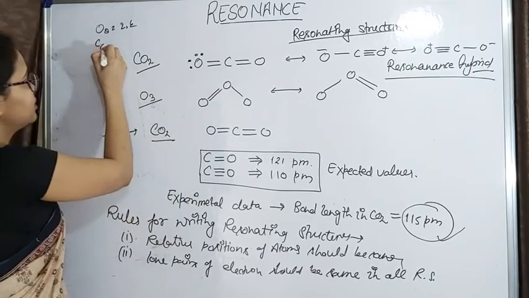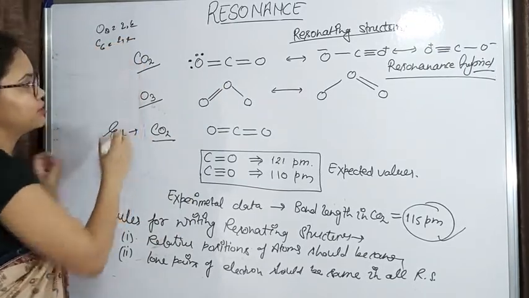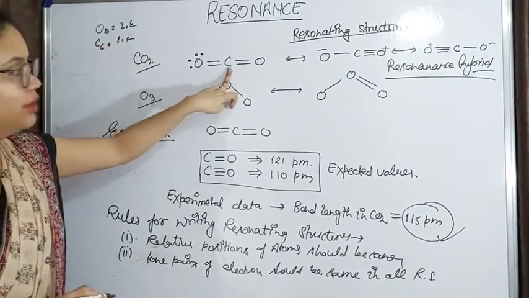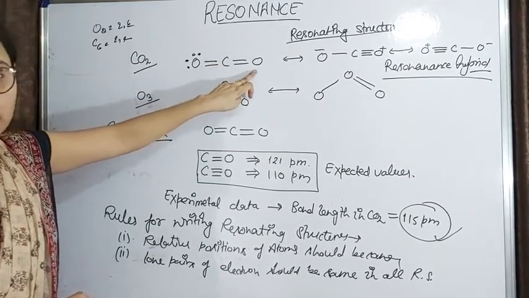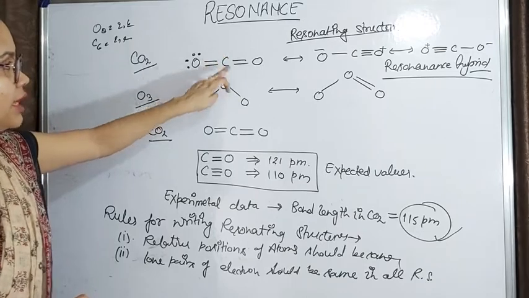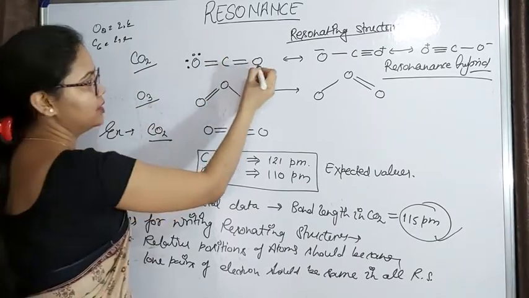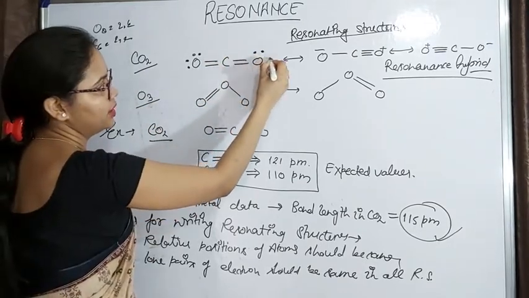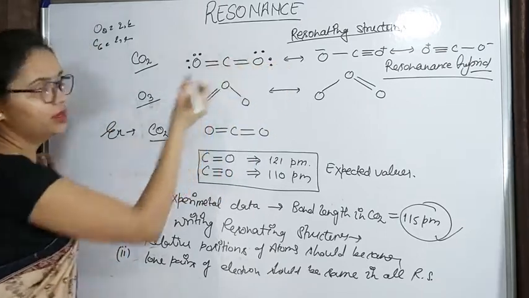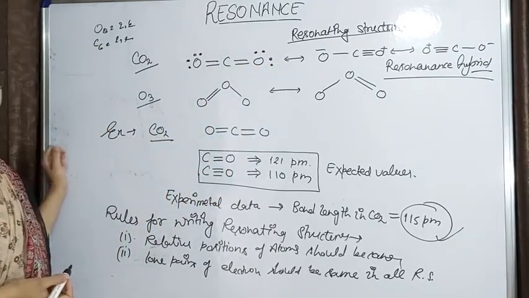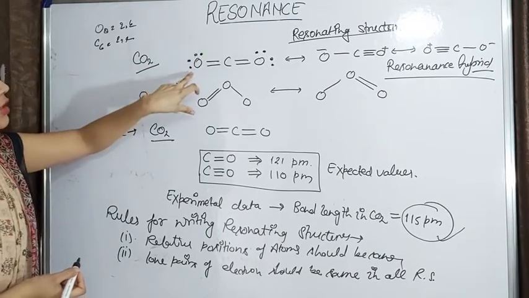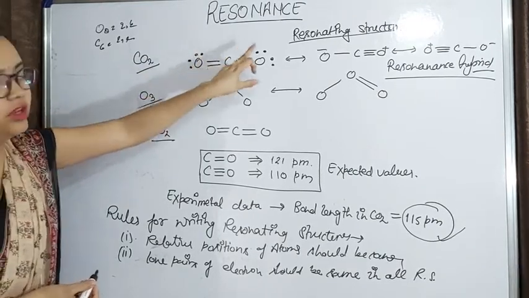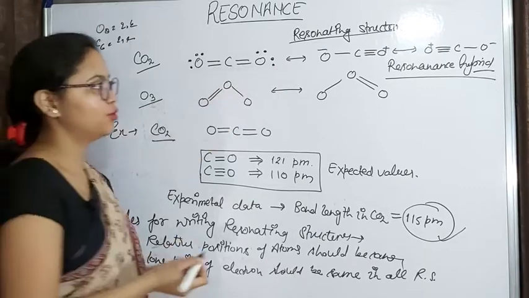Carbon has 4 electrons, and it has already used all 4 in the formation of the double bond with the oxygen atom, so no electron is left on the carbon atom. Now let's see the other oxygen atom. Again it will have 2 lone pairs of electrons. So in this molecule the total number of lone pairs of electrons is 4: 1, 2, 3, 4.